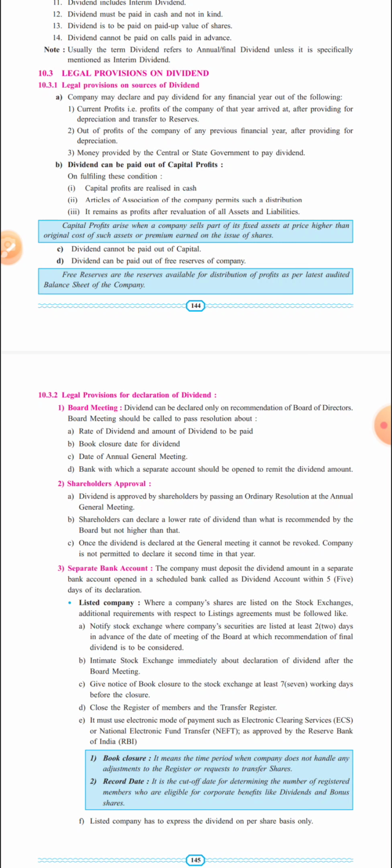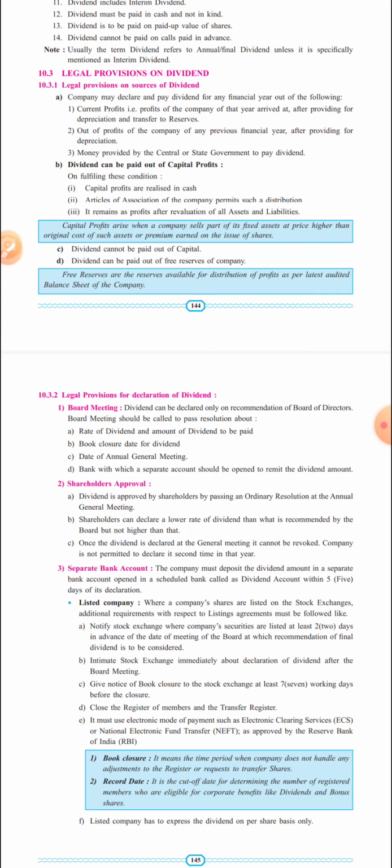So when we make an interpretation of all the contents regarding sources of dividend: dividend can be paid out of current year profit, and out of previous year profit, but after making provision for depreciation and the amount transferred to reserve. Next, dividend can be paid out of money given by the central or state government.